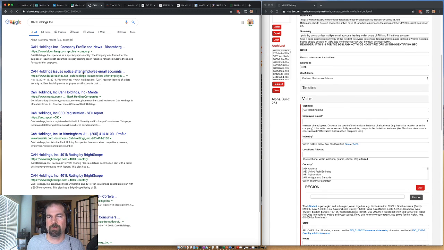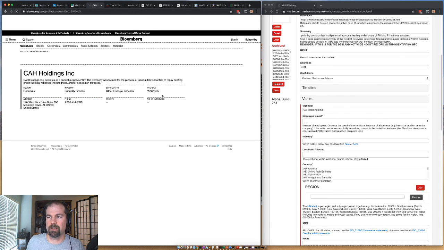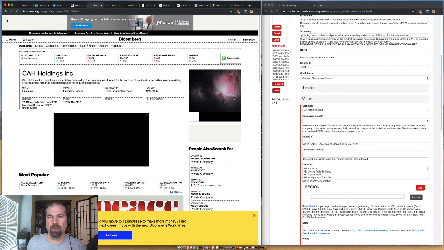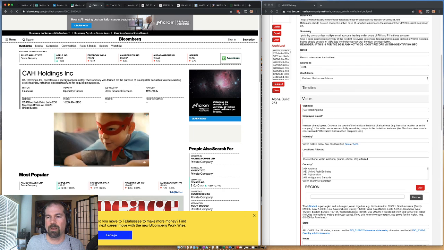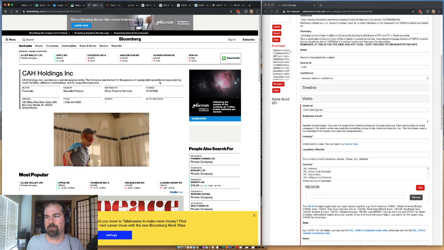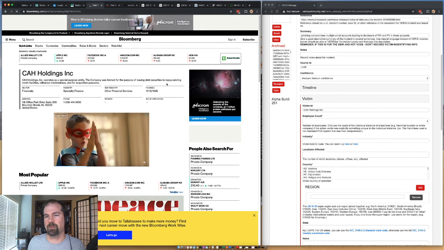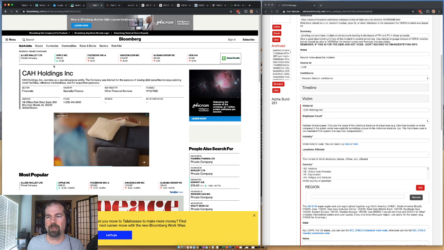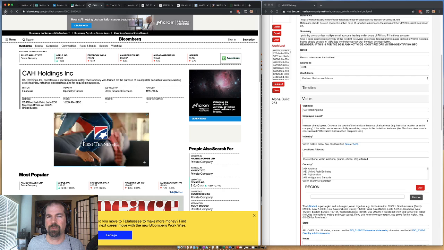Is there a Bloomberg profile? This is kind of weird. Number of employees, they don't know. Website, they may not have one. It operates as a special purpose company. The company was formed for the purpose of issuing debt securities to repay existing credit facilities, refinance indebtedness, and for acquisition purposes.